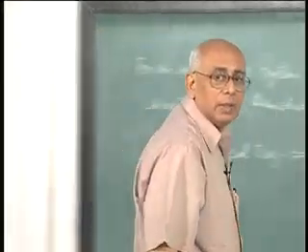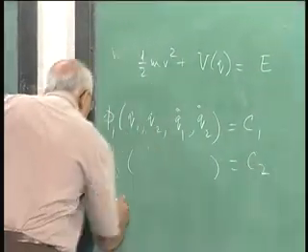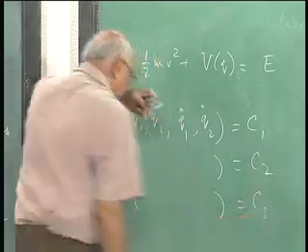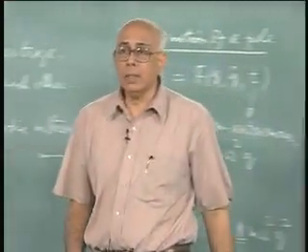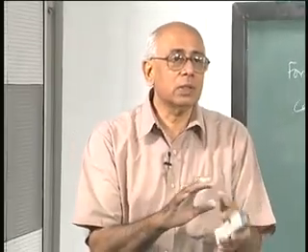I therefore need more constants of the motion. I need a phi2 of this equal to c2, and a phi3 of this equal to c3. I need all these 3, and the mutual intersection of these constant surfaces would give me the line, the phase trajectory.